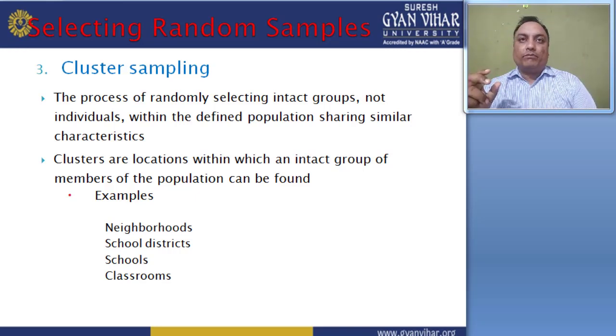Using simple random sampling or systematic random sampling, randomly pick the clusters for the research study, and subsequently, by using simple or systematic sampling, the researchers from each selected cluster can be chosen on whom to conduct the research study.